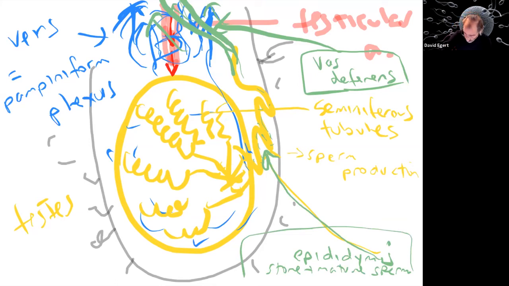So, seminiferous tubules. The other cells that we find in here are called interstitial cells of Leydig. These are the cells that actually make testosterone.